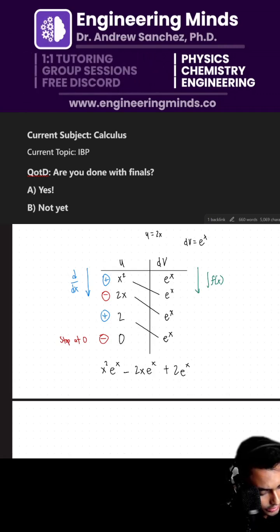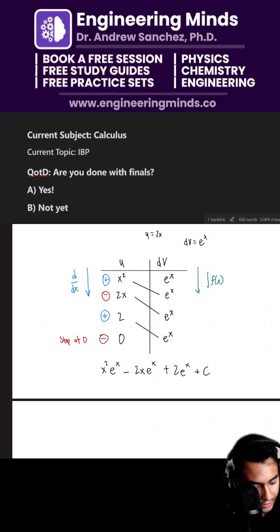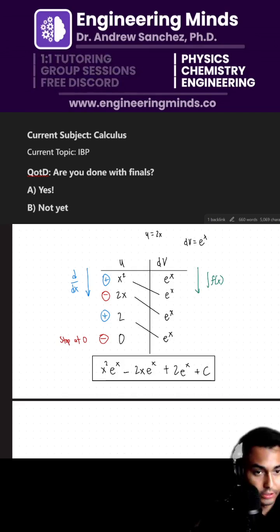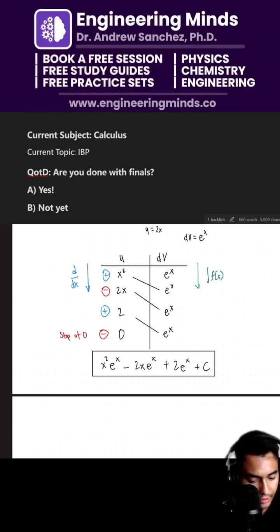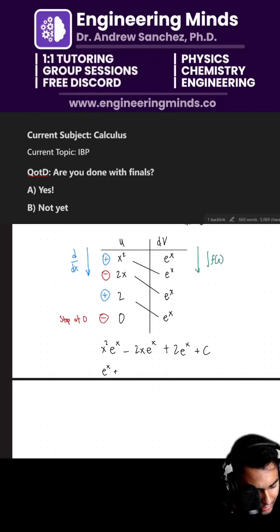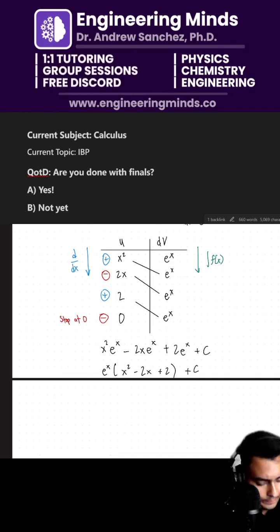And this is an indefinite integral, so we have to add the integration constant, which is plus c. All right, and that's the beauty of this particular integral. Technically, we could factor out the e to the x, so we have e to the x times x squared minus 2x plus 2, plus c.